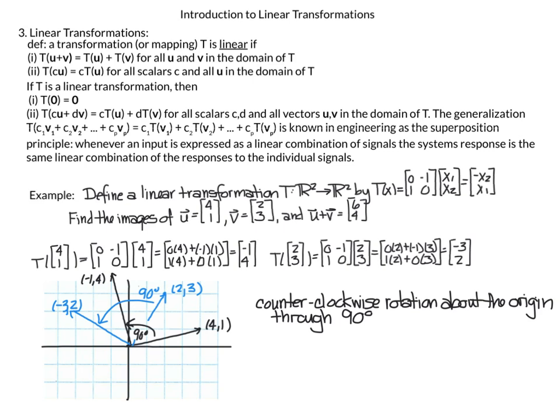Anyway, this transformation essentially becomes a counterclockwise rotation about the origin through 90 degrees. So something like this, where you have zeros along the diagonal and then something with negatives on the off diagonal, or ones, because you could still have rotations if they're twos or other numbers other than ones, but those ones mean it's not scaled.